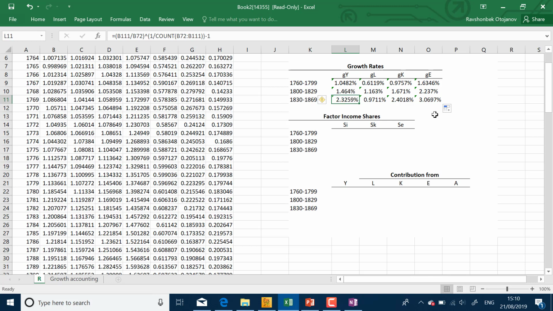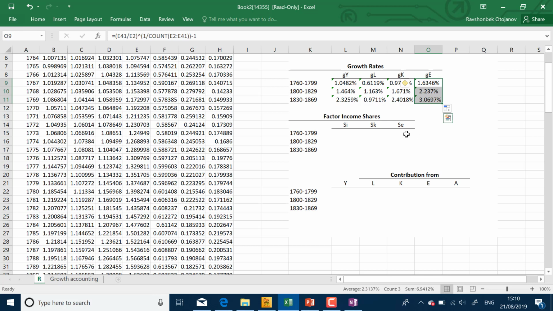That's the last 40 years of this first industrial revolution, and then these are the growth rates for each of these variables in these 3 periods. Yeah, and notice that of all these variables, the growth rate of energy is the highest in each period.